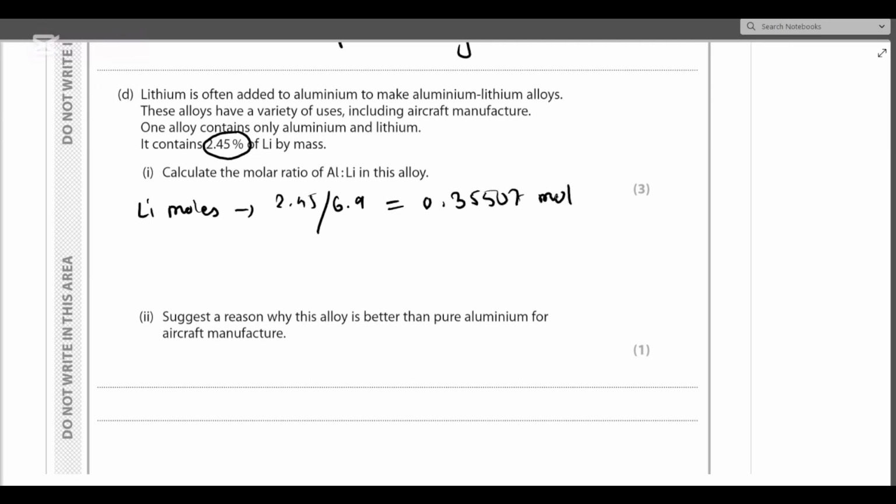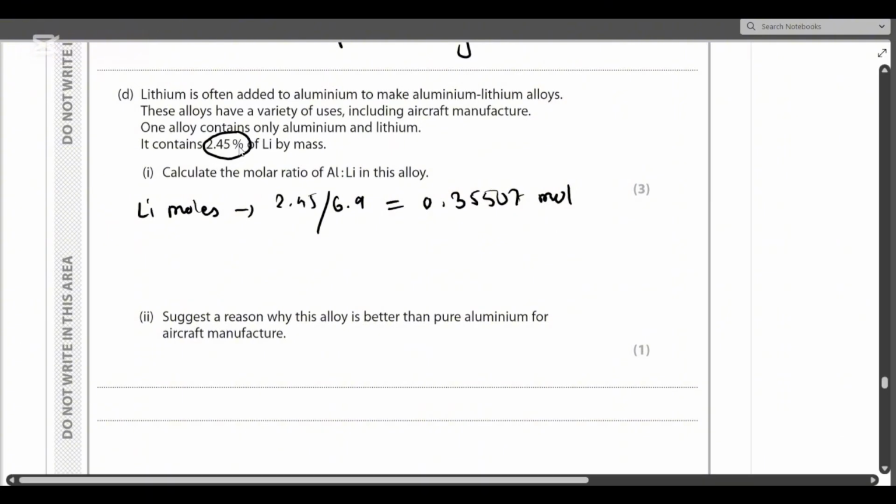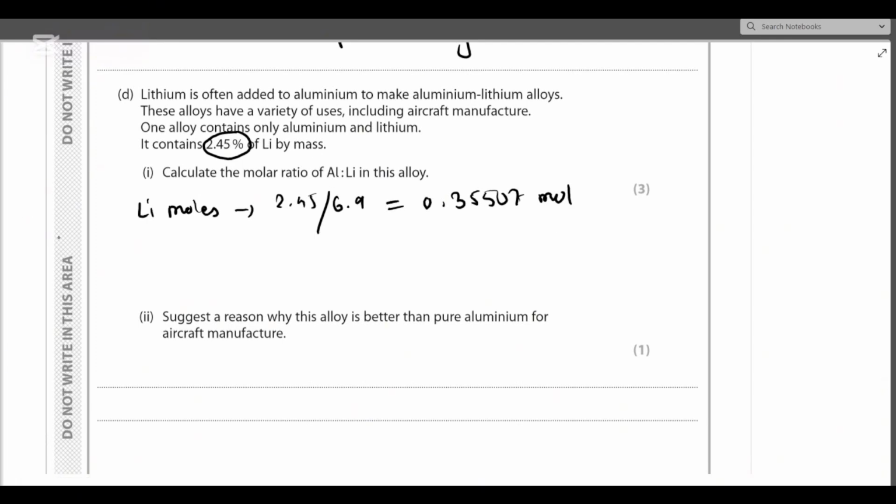which sums up to 0.35507 mole. On the other hand, for the mass of aluminum, since they provided the percentage, out of 100, if we subtract 2.45, we will get the aluminum mass. So aluminum moles is 100 minus 2.45, divided by 27.0, which is the molar mass, and you get about 3.6130 mole.